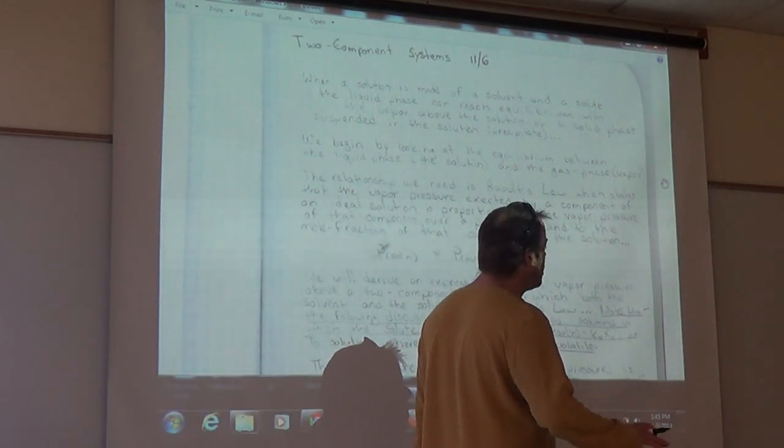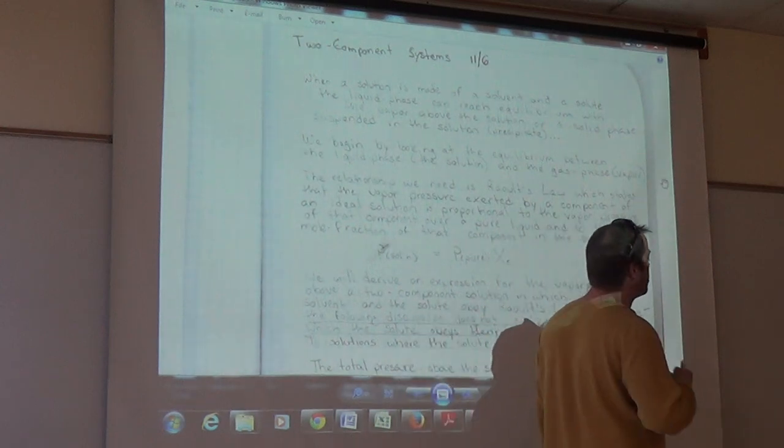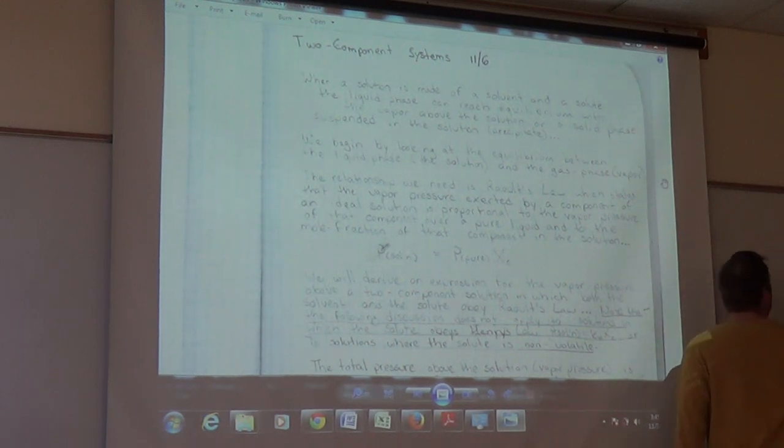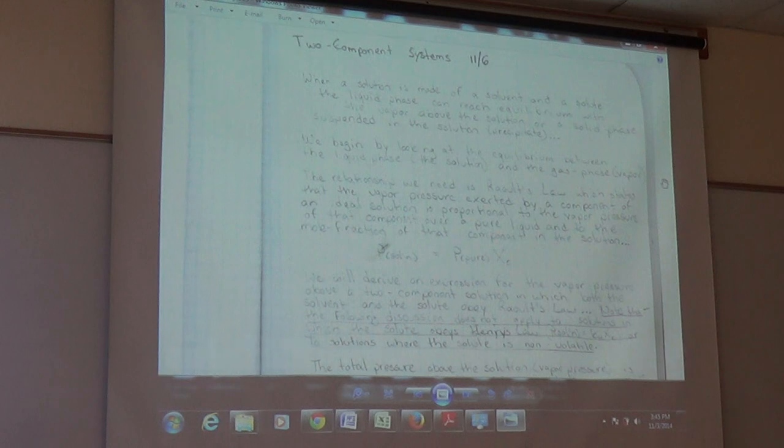Right now, we're only concerned with the equilibrium between a liquid solution, so some solute dissolved in some solvent, and the vapor above that solution. When I say systems obeying Raoult's law, I'm talking about the entirety of the system obeying it.